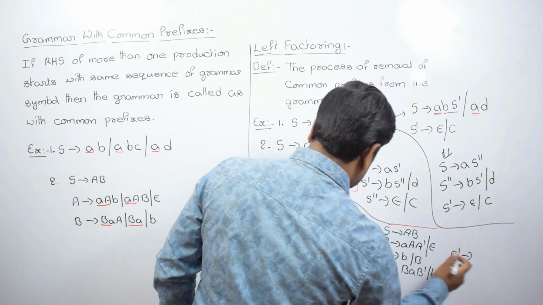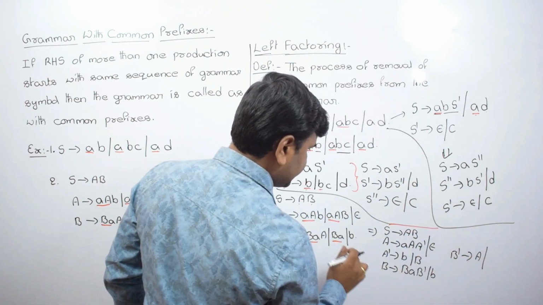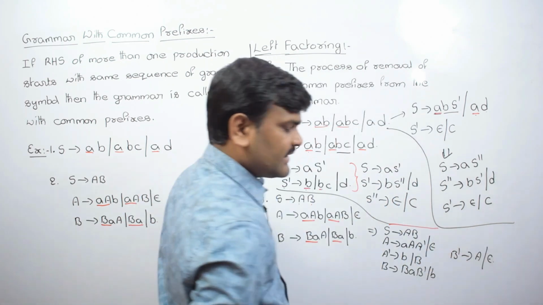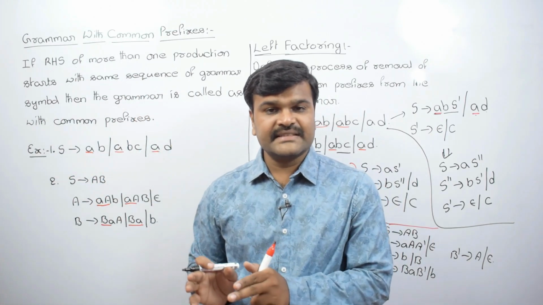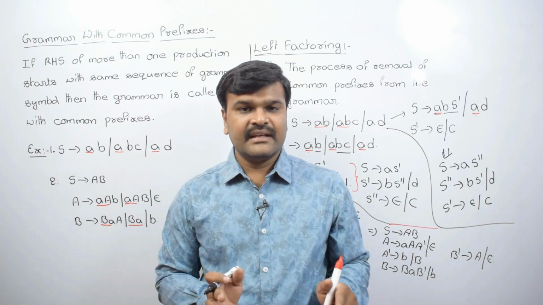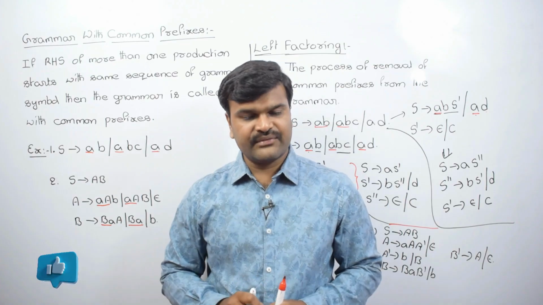B dash is A here and epsilon here. In this way we convert the common prefix grammar into a non-common prefix grammar by using left factoring.